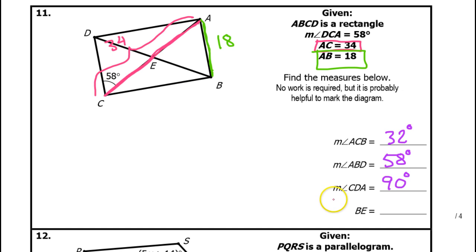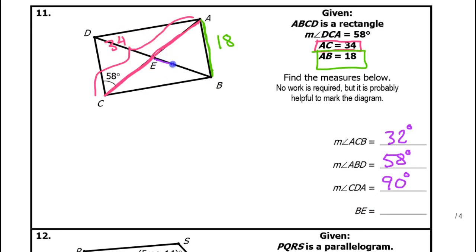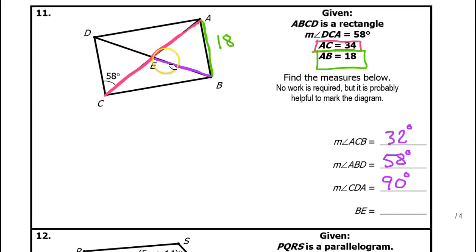Now, they are asking me for BE. Okay, interesting. So they're asking me for this little piece right here. Well, I'm going to have to erase the 34 that I put. So the first thing you need to understand is, remember the symmetry we were talking about?